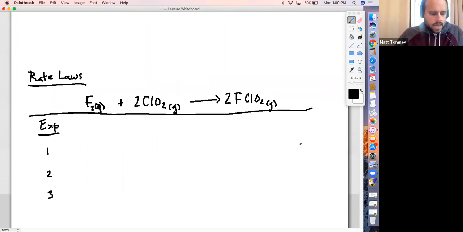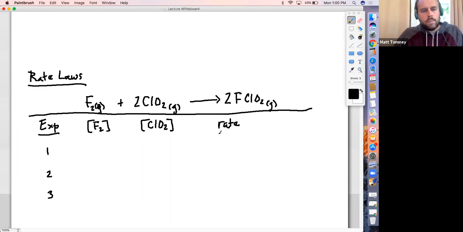And what we're going to look at in this experiment is the concentration of F2. We're going to look at the concentration of ClO2. And then we're going to look at the rate that results here.